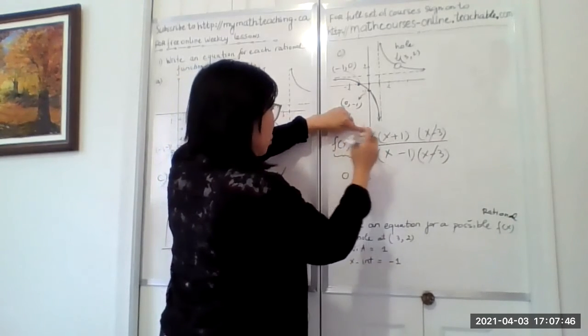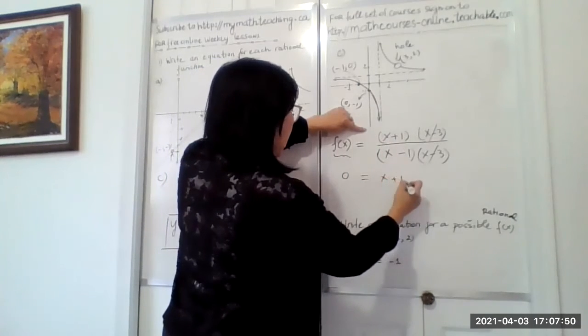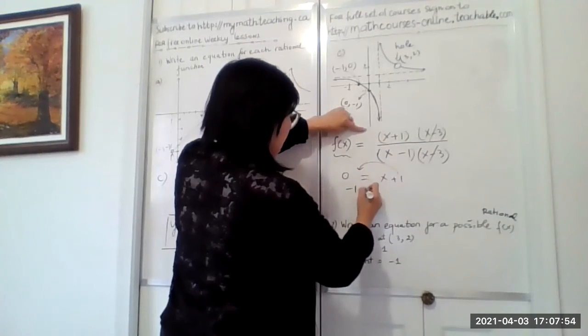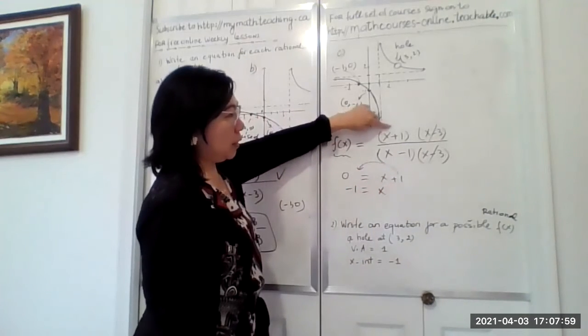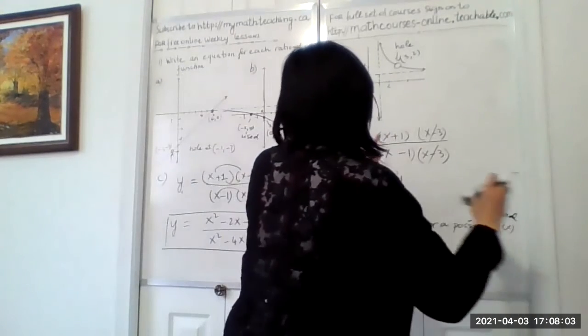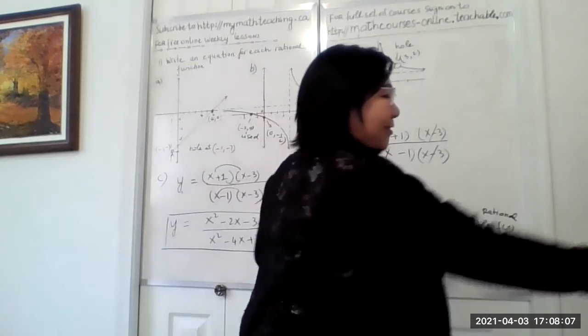So this numerator equal 0, so x plus 1. When we solve for it, we do have x-intercept equal -1. And that's why we put this bracket in here, right? Okay. So it looks like this is our equation, except that we don't know if it is correct or not.